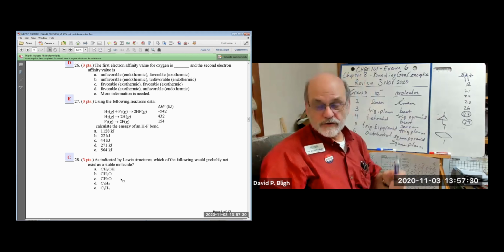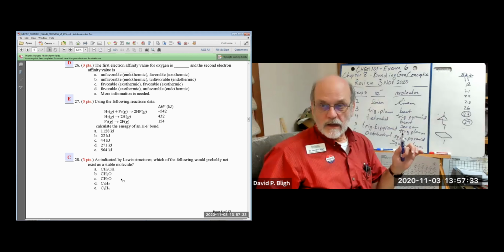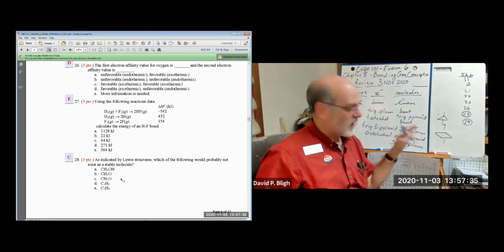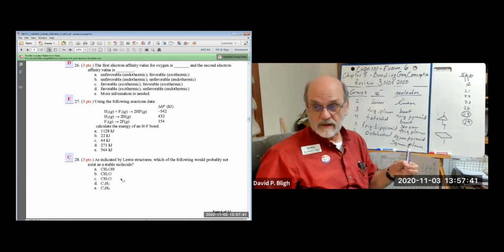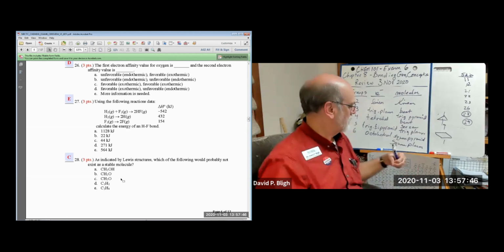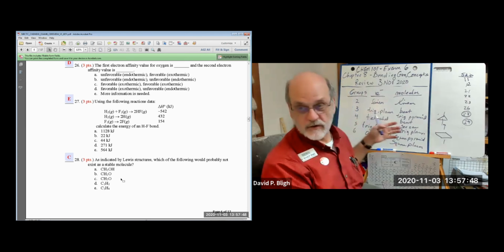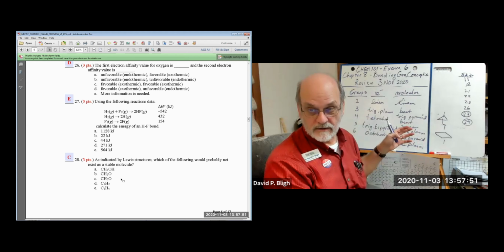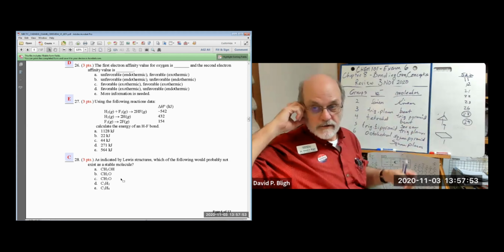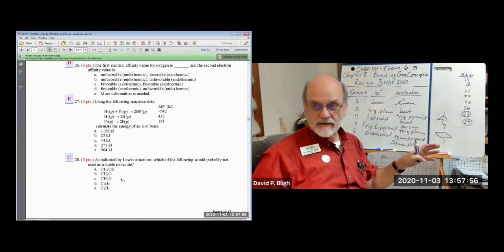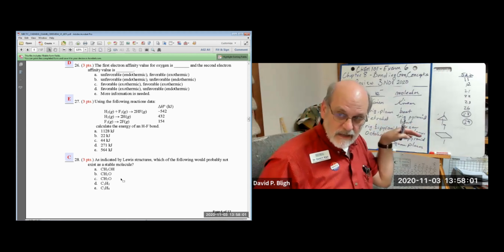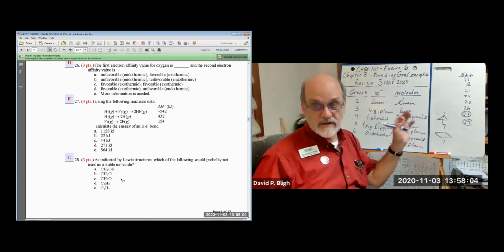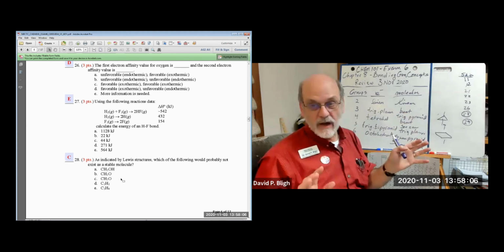Now, if you're going to draw a Lewis structure and the molecule is an ion, so it would be like a polyatomic ion, or it would be an ion that was formed from one of these electronic structures, don't forget to put brackets around it with the charge, because if you don't have the charge on the Lewis structure, that means that all those electrons have been accounted for in the structure only, and the net charge is 0, and it won't add up.